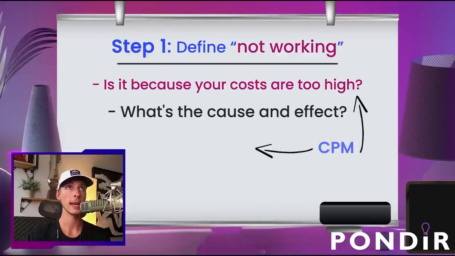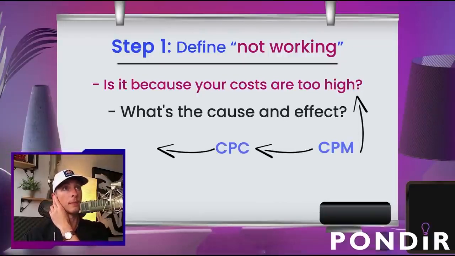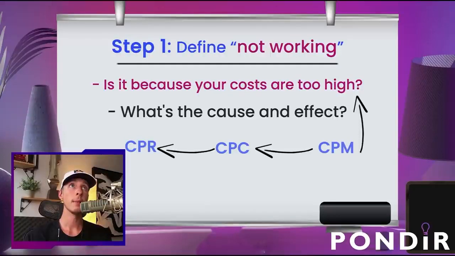So we'll look at cost per click, we'll look at cost per result, your cost per purchase, and so forth. CPM is the main driving factor of all of your costs. All right, so CPM influences everything. CPM is the most important cost-related metric to be looking at.